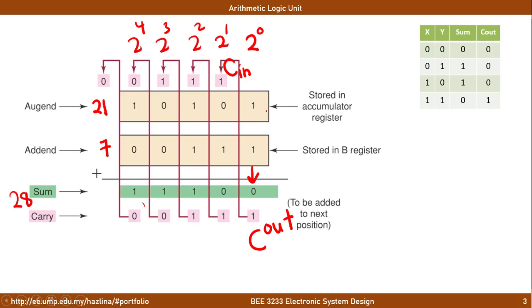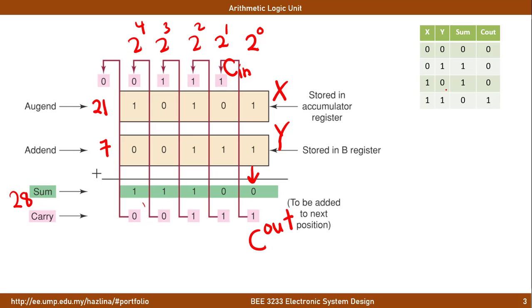So the truth table that is related to this addition is, say for example, this is X and this is Y. So when 0 plus 0, it is equivalent to 0. In this case, the sum is 0, whereas the carry out is also 0. 0 plus 1 is equivalent to 1, and there is no carry out.